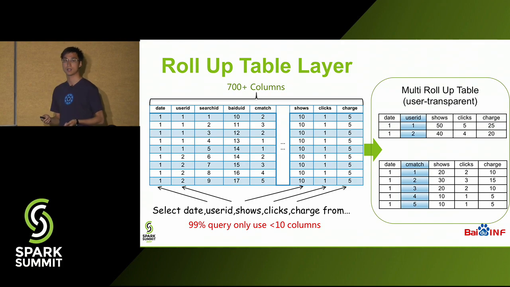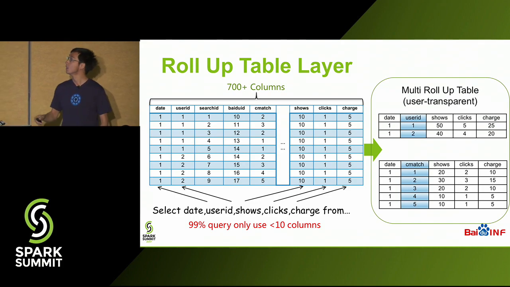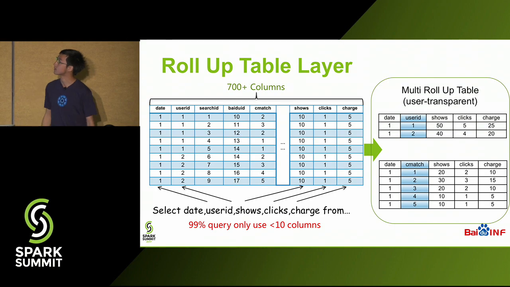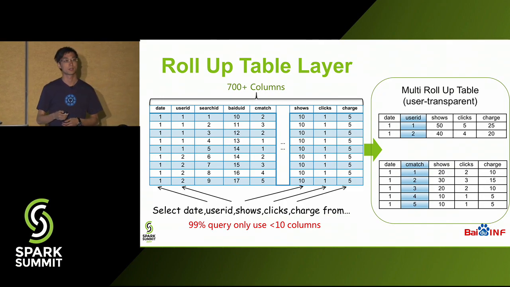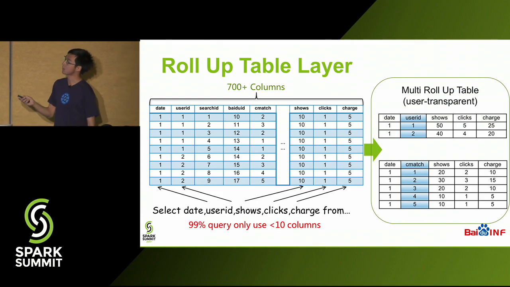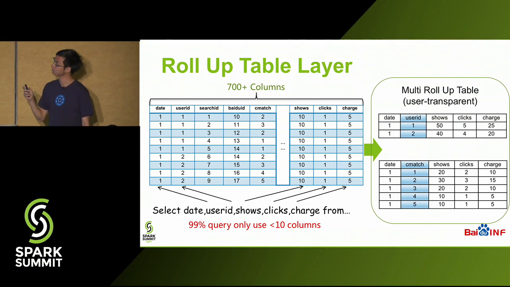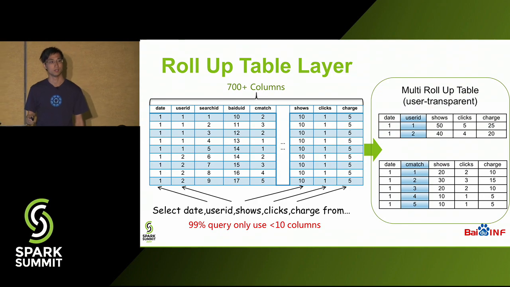Next, I will introduce some details about the boosting layers. First, we can see the roll-up table layer. The roll-up table, maybe the concept is similar to materialized views in OLAP systems. You can see that the table in our platform is very huge.